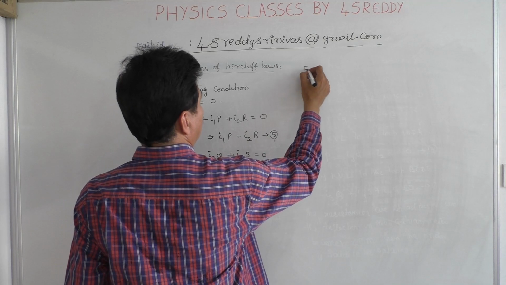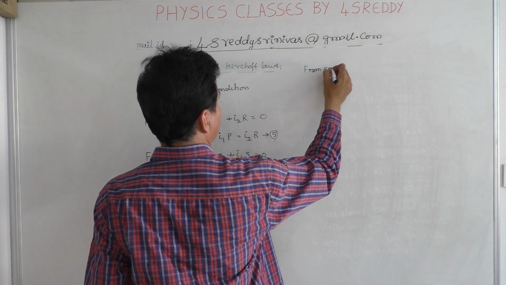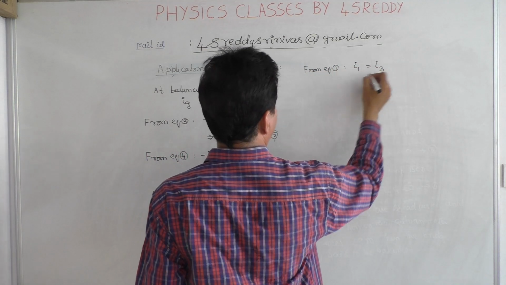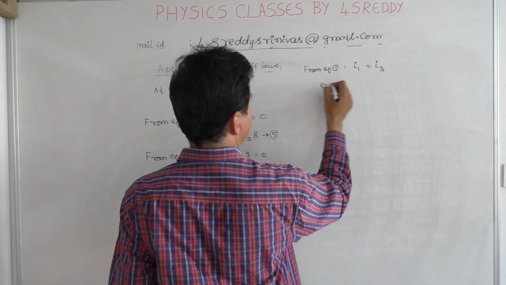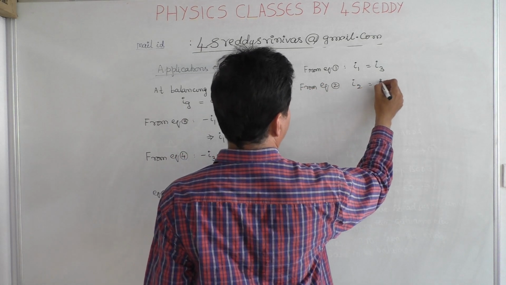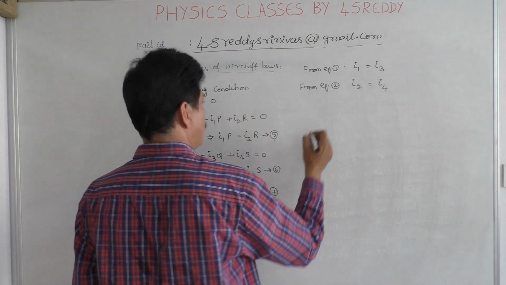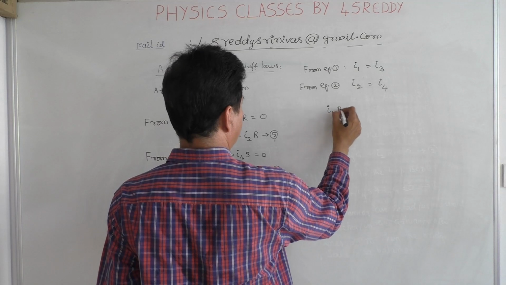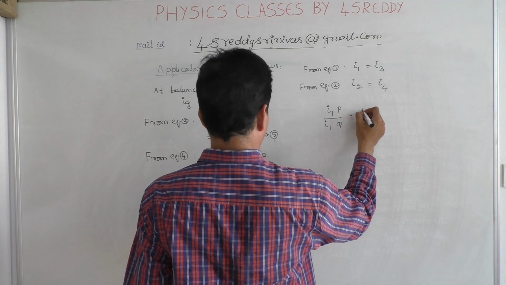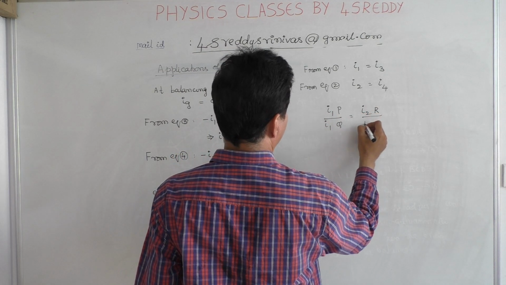Now from equation 1, I1 is equal to I3. And from equation 2, I2 is equal to I4. Thereby, I1P by I1Q is equal to I2R by I2S.